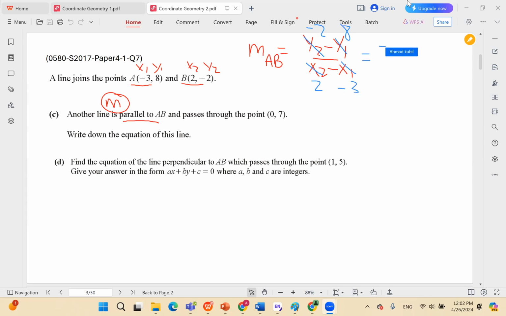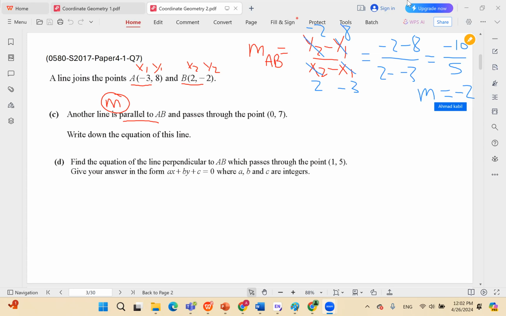So we have (-2 minus 8) over (2 minus -3). -2 minus 8 is -10. 2 minus -3 is 5. -10 divided by 5 is equal to -2. So the slope or the gradient is -2.